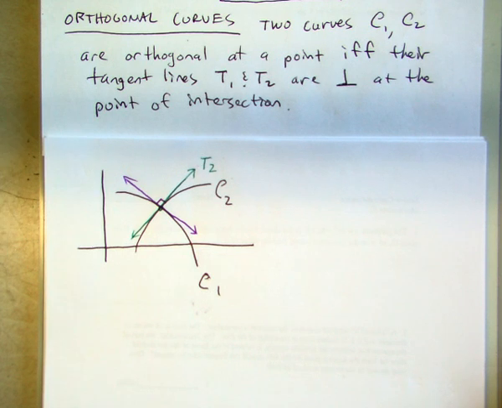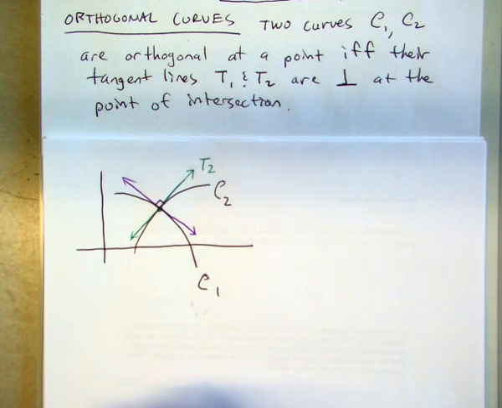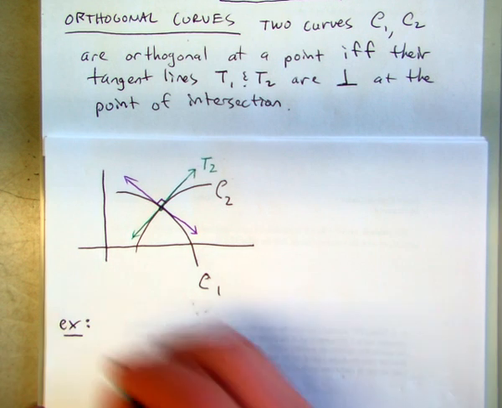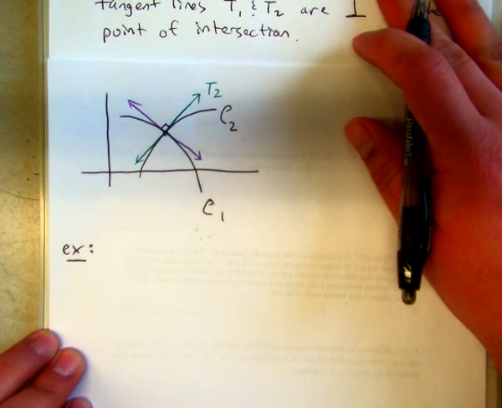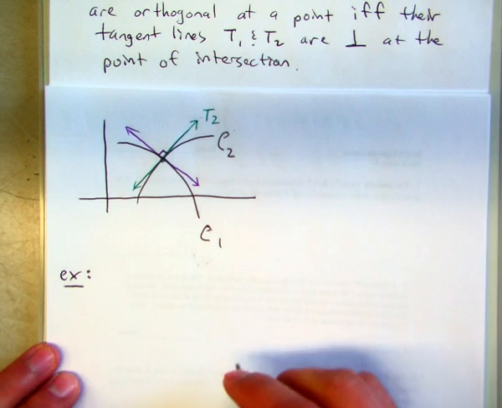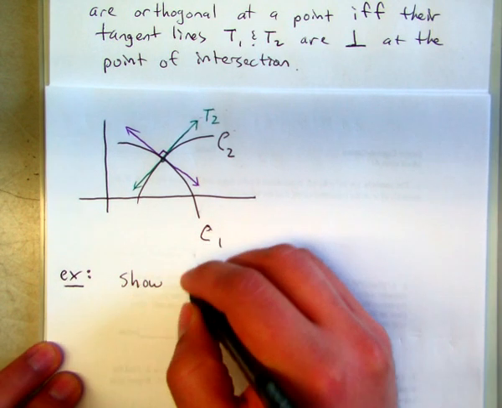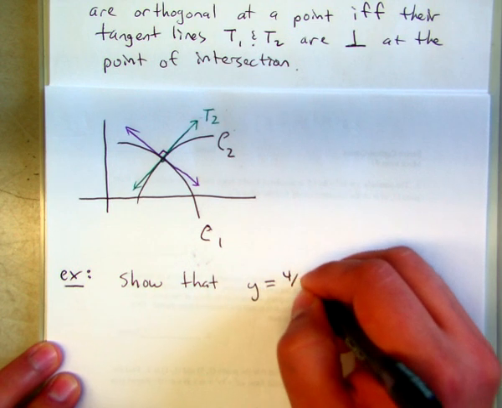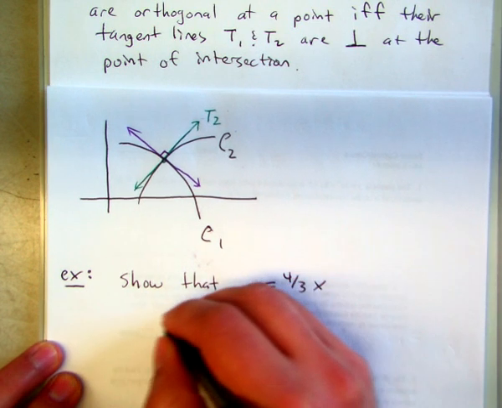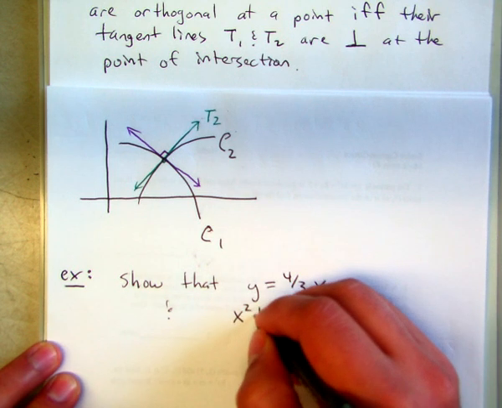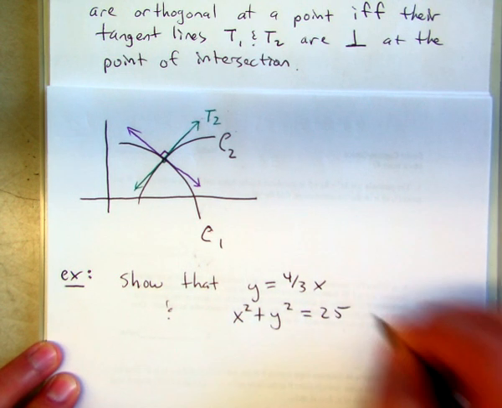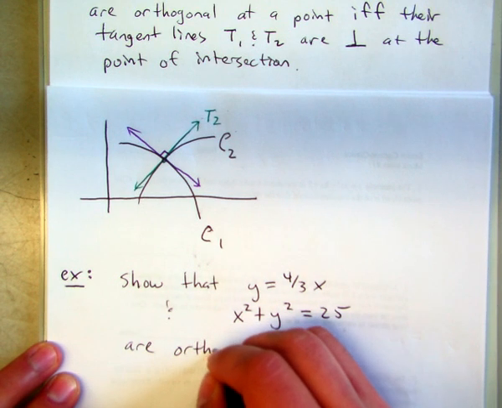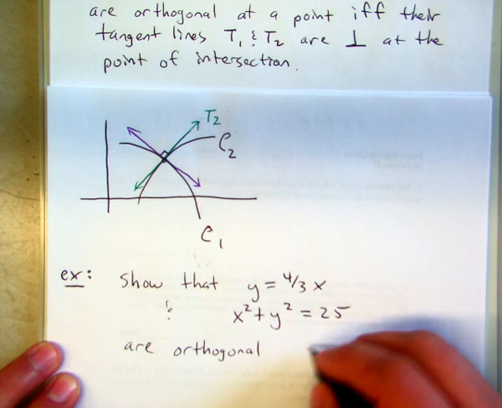All right, let's try an example illustrating this point before we put everything together. Show that y equals 4/3 x, and let's say the circle x squared plus y squared equals 25, are orthogonal at their intersections.